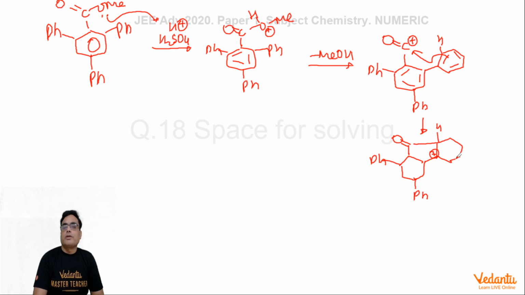This is the carbocation formed, and this ring has lost its aromaticity, but after losing H plus it will retain the aromaticity, and this, guys, is going to be the final product.